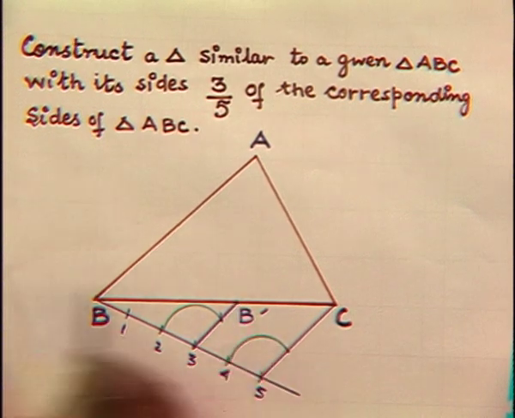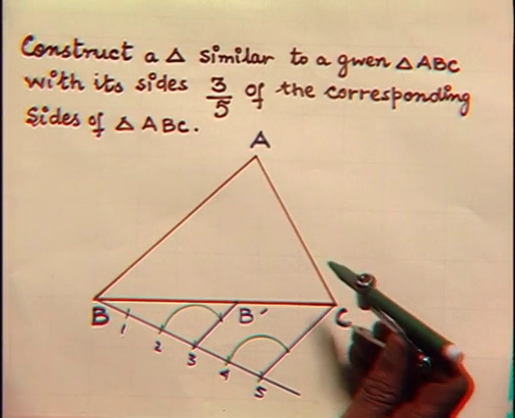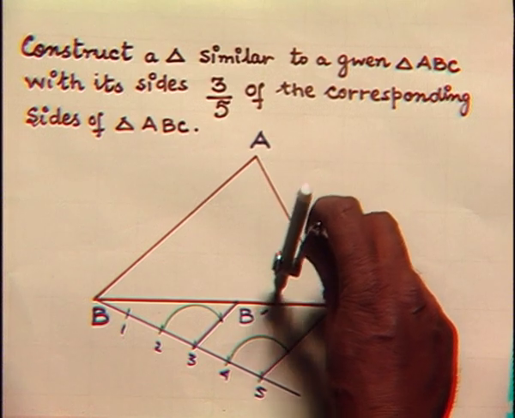Now, at point B, I will once again draw a line parallel to AC, and for that we shall follow once again the same procedure of making corresponding angles equal.